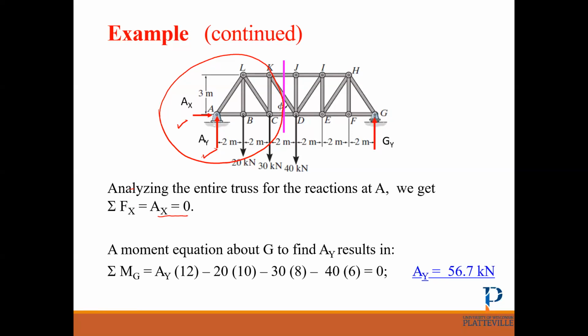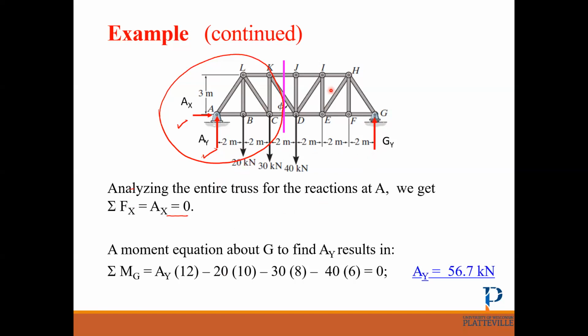So I get the moment about G, so it's Ay multiplied by the distance. What is the distance? The distance is from A to G, which is 12 meters. It makes a clockwise moment. If I assume clockwise is positive, so this one is positive. What else do I have? I have 20 Newton. It's counterclockwise.